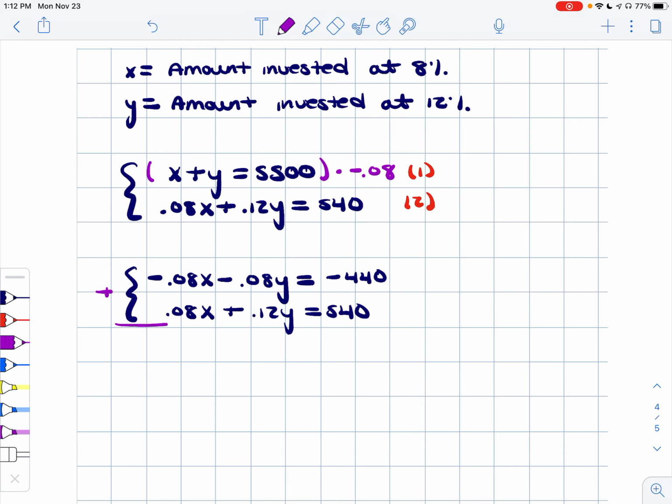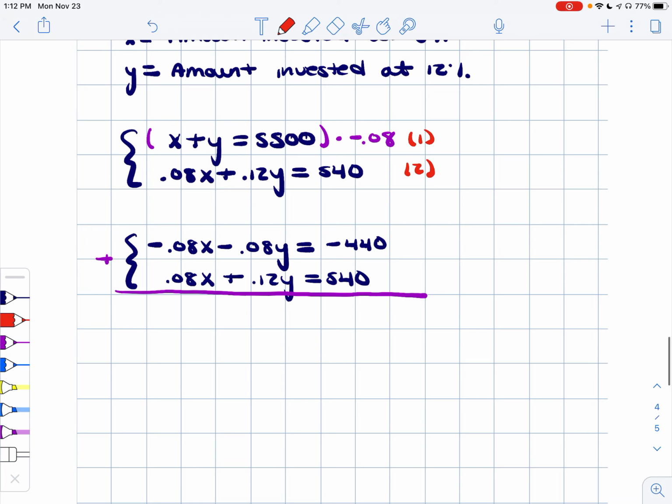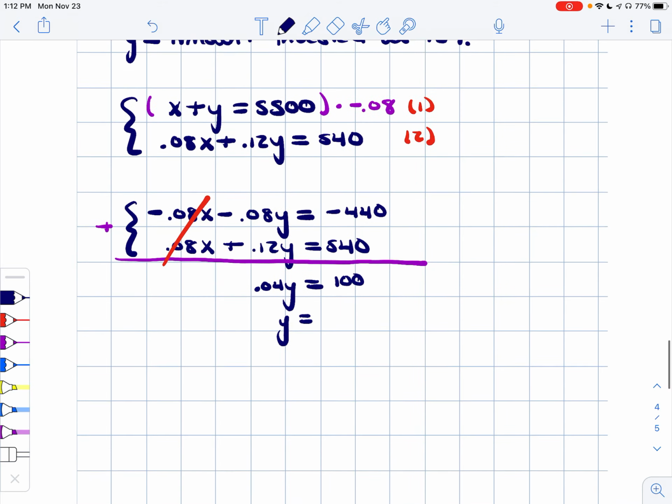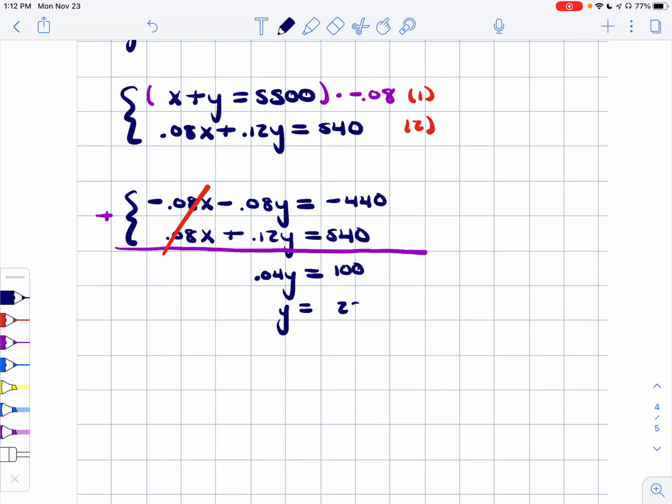All right, so now add up our equations. As designed, the x's cancel. And then if we add up our y's, we're going to get 0.04y. The negative 440 plus the 540 gives us 100. And then divide both sides by the 0.04, and we'll end up with 2,500 as our y.